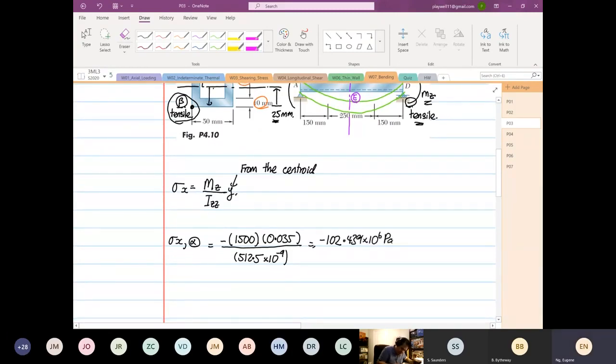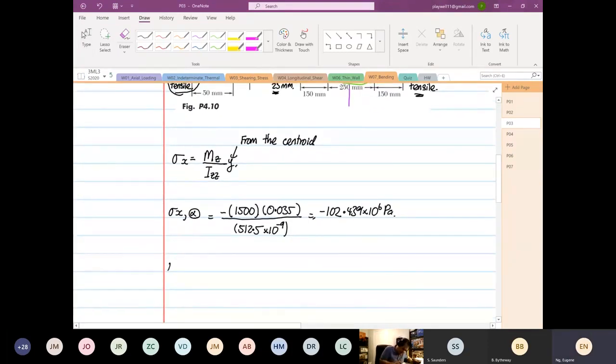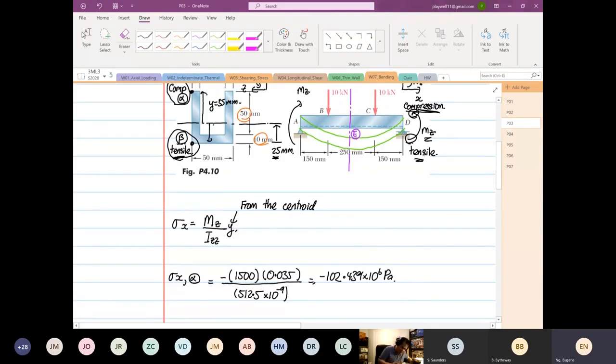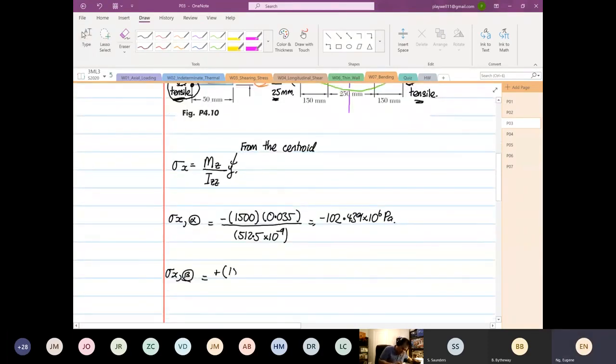And stress X beta will be equal to positive. Why positive? Because we know beta is going to be tensile. 1500, the distance now is 0.025 from the centroid, right?